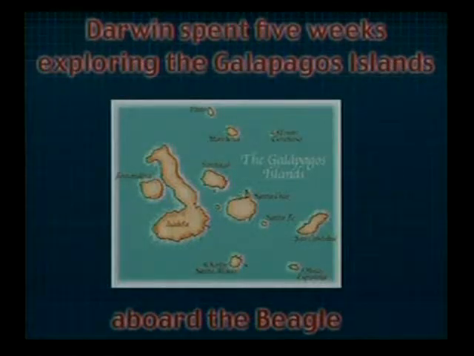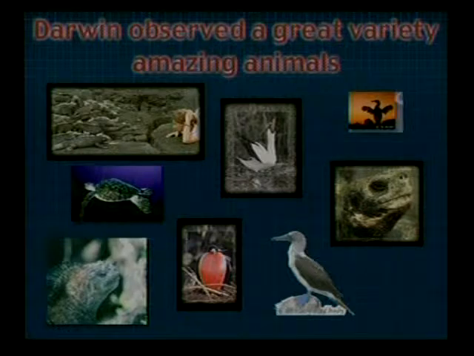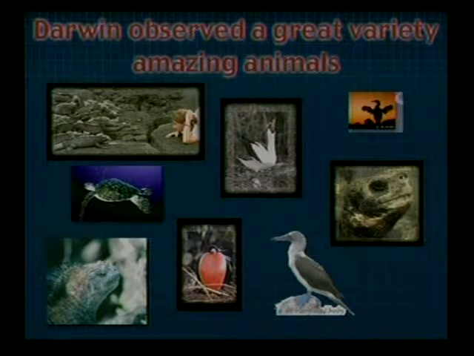He traveled around the world on the Beagle, especially in the Galapagos Islands, and there saw some very strange and amazing animals, which can still be seen there today, that are not seen, some of them, in other parts of the world. And he reached some conclusions based on what he saw.